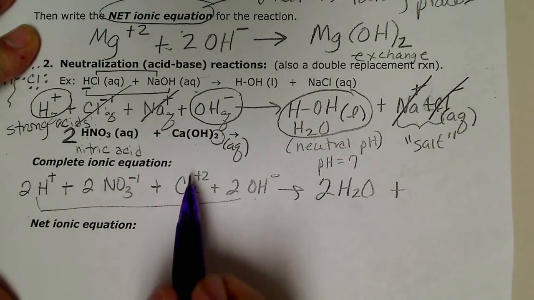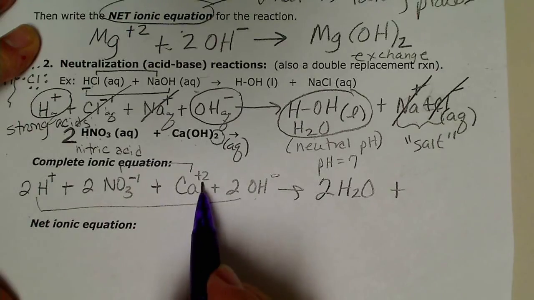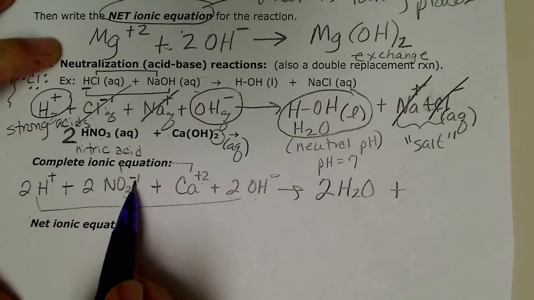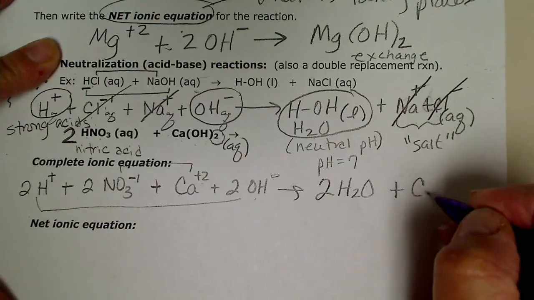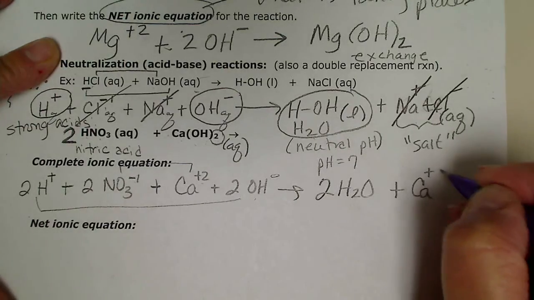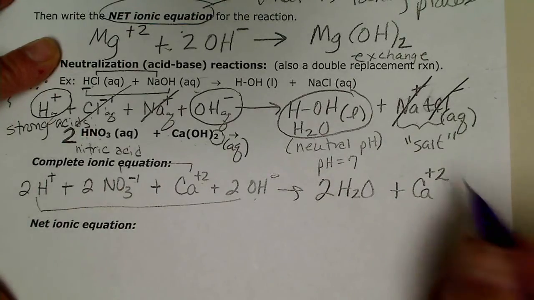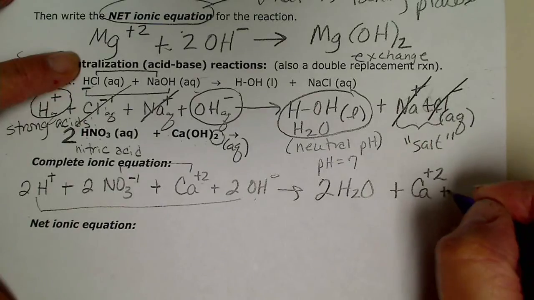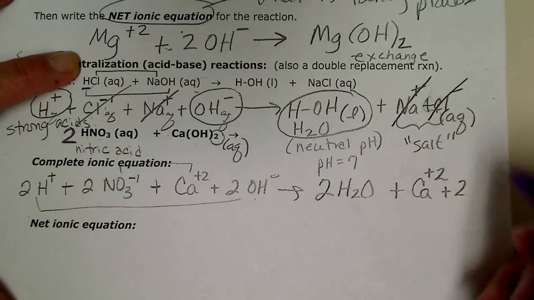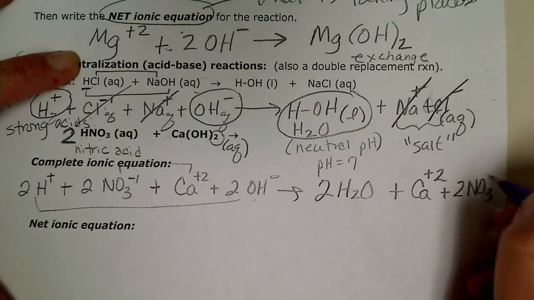And then our calcium getting together with nitrate, a +2 metal and a -1 nonmetal, would give us the formula. Well, I'm not going to actually write that. I'm still writing out our complete ionic equation. So we'd still have a calcium +2 and 2 nitrate ions.